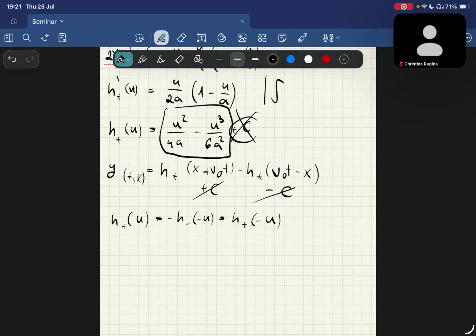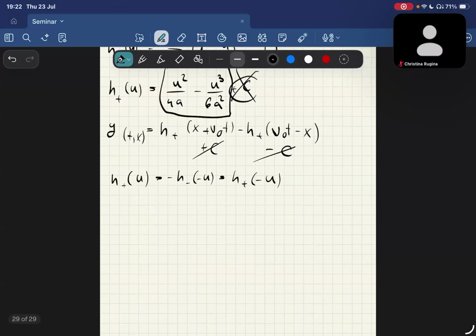And in this case right here, the function does not do that. We have the u at the power 3, which is not an even function. So to do this, we add here, so it fixes the problem here.